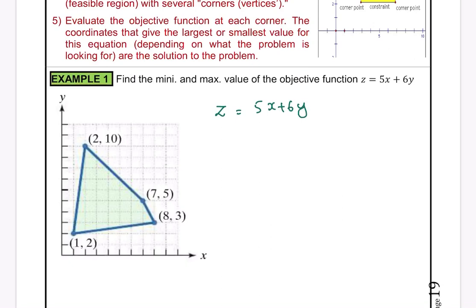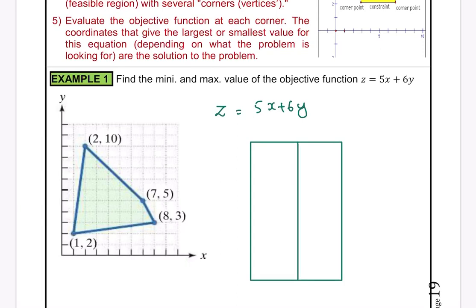So if I plug in 2 comma 10, I am going to have my z to be, let's make a table, and that might be a much better way to do this. Let's make a table. Here is my x comma y, and here is my z.